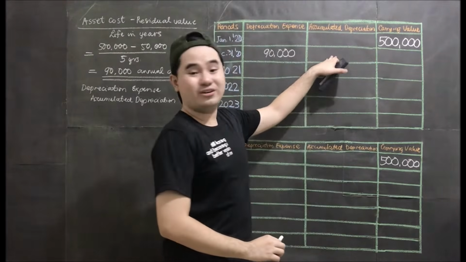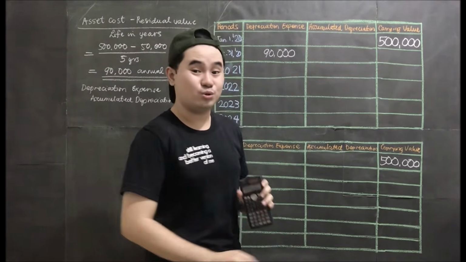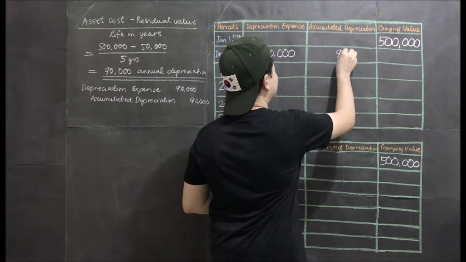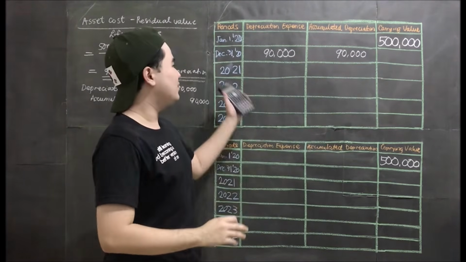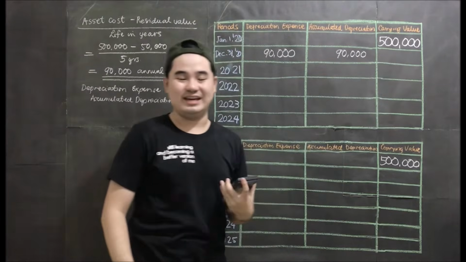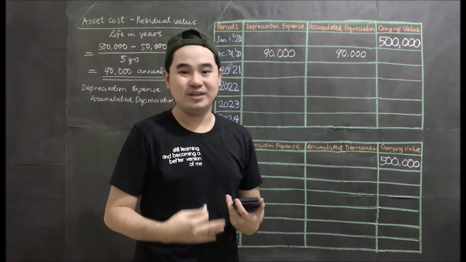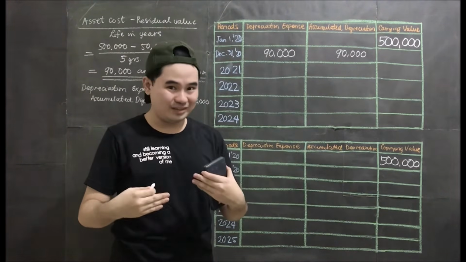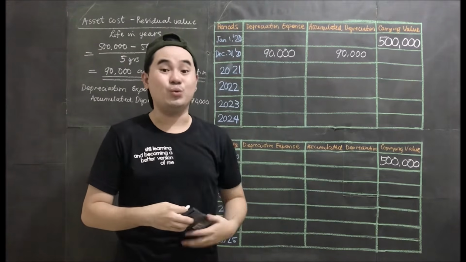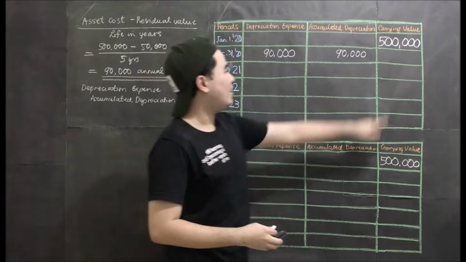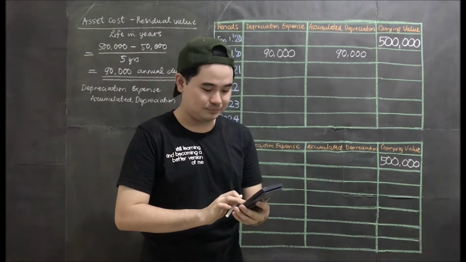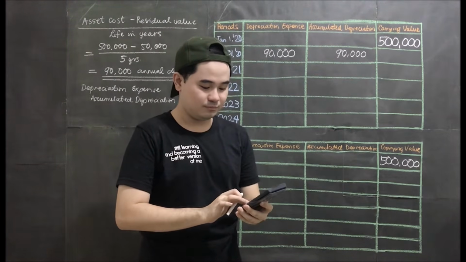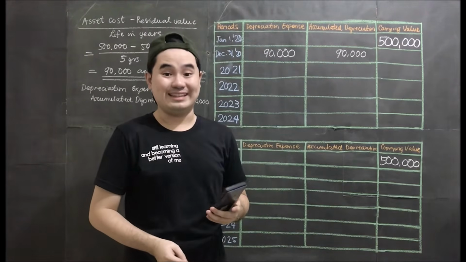So for this year, our accumulated depreciation is also 90,000. So let's compute for the carrying value of the asset. How much is the carrying value of the asset, or the current value of the asset after 1 year of use? So we deduct 500,000 to 90,000. And we have 410,000.